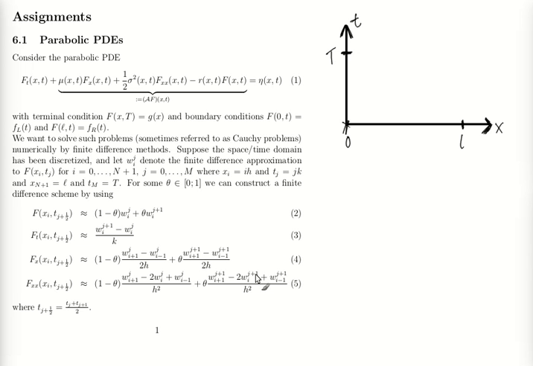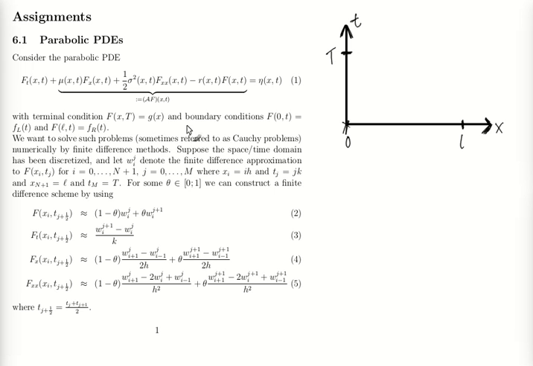We are asked to consider a PDE of this form here, where you see there is some partial derivative with respect to t and with respect to x, and some constant functions that are involved. And we're told that this is a parabolic PDE, and that has something to do with the way these coefficient functions are given.